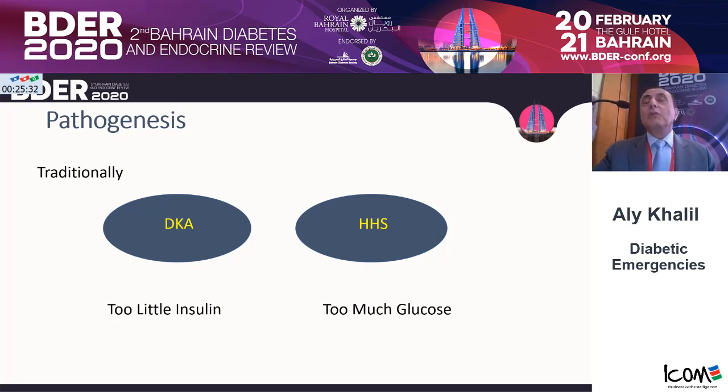Traditionally, we used to say, well, diabetic ketoacidosis, because there is lack of insulin, there is a tendency to have lipolysis and then high ketone formation, which leads to ketosis. And for hyperosmolar hyperglycemic syndrome, because it's mainly driven by increased stress, increased counter-regulatory hormones, you will see more hyperglycemia and you will not see ketones.